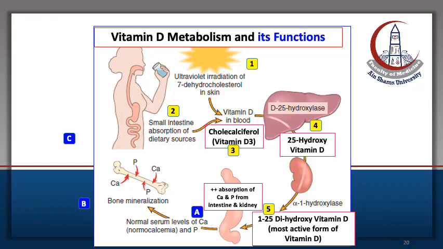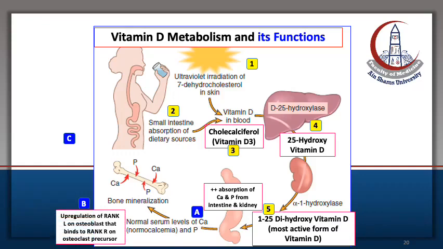This most active form will perform the function via increasing absorption of calcium from the intestine and the kidney and maintain the normal value or ratio between the calcium and phosphate.